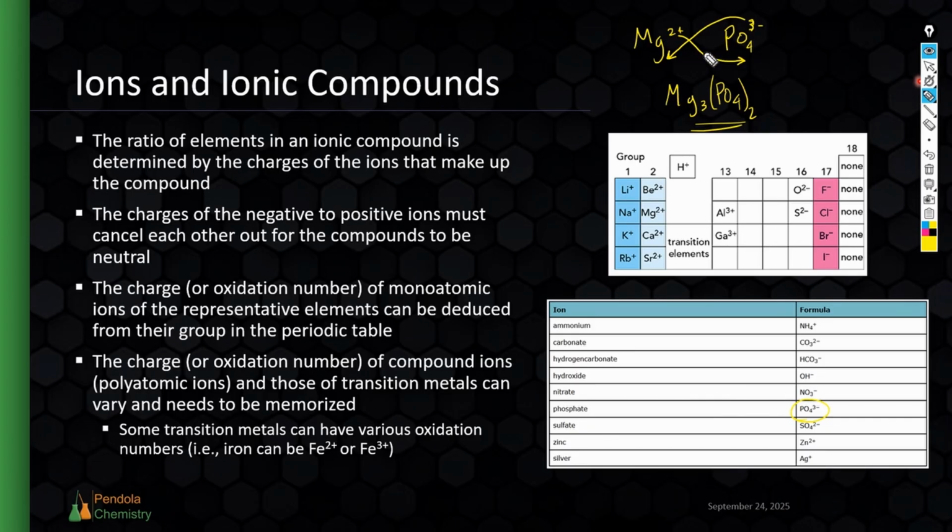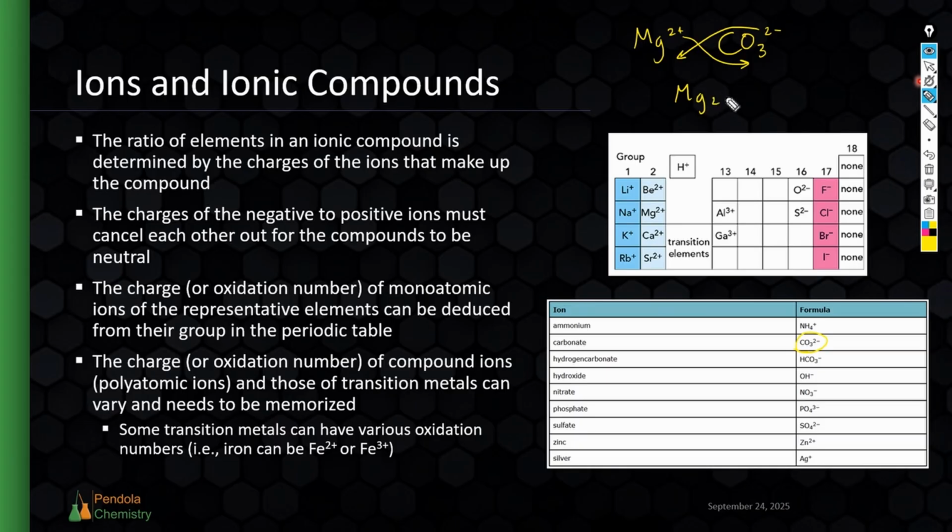We have to be careful with crossing though, because sometimes the charges will need to be simplified. For example, if we were to combine, again, magnesium, but this time with something with a 2- charge, like carbonate, CO3 2-, then when we cross magnesium and carbonate, the 2 goes on the carbonate, the 2 goes on the magnesium.